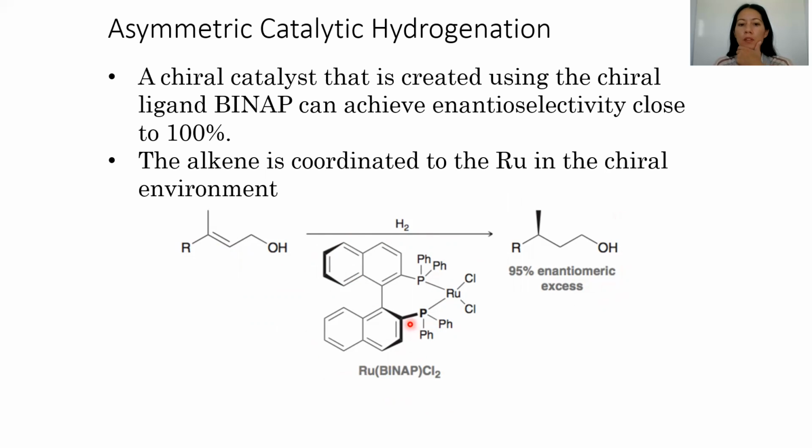So this is chiral, and so when the alkene adds to it, it's adding in a chiral environment and giving, in this case, 95% enantiomeric excess, meaning you have that much percent excess of one enantiomer over the other.